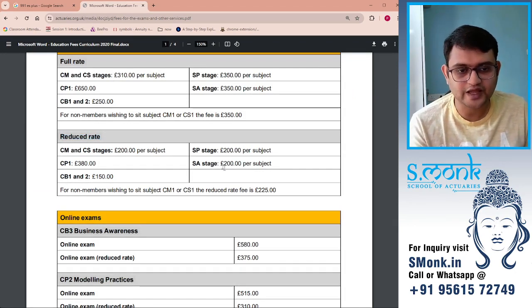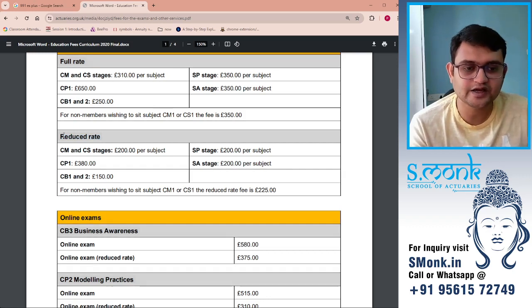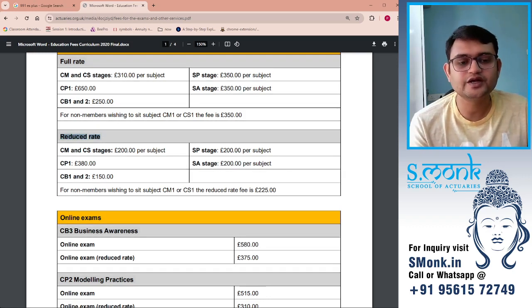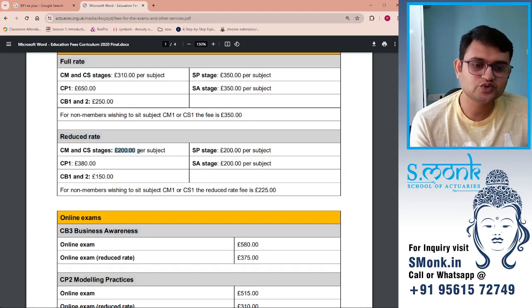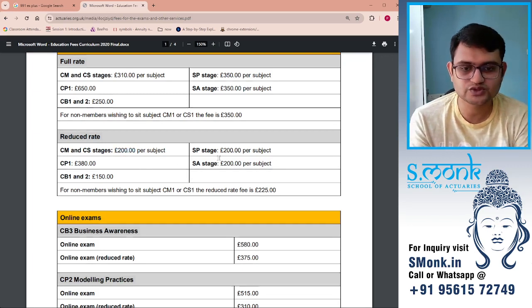If your annual income, not your parents', is less than that, you are eligible for reduced rates. So for CM1, CM2, CS1, CS2, the fee is 200 pounds.